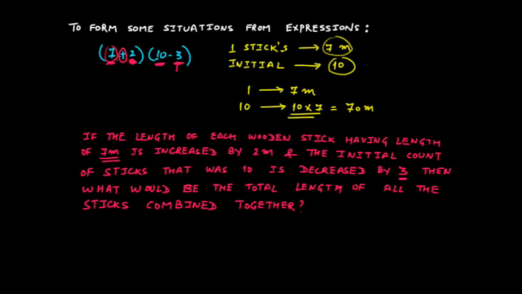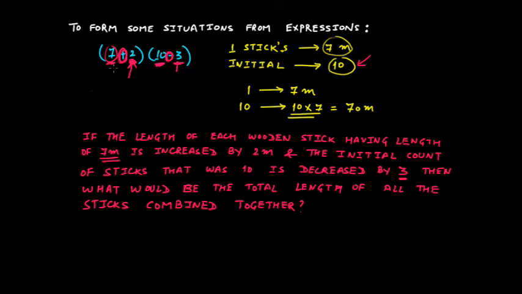That is, my stick was 7 meter in length. I increased it by 2. My initial count of sticks was 10, and I decreased the initial count by 3, that is I subtracted 3 from it. So for 1 it was 7 meter, for 10 it was 70 meter.